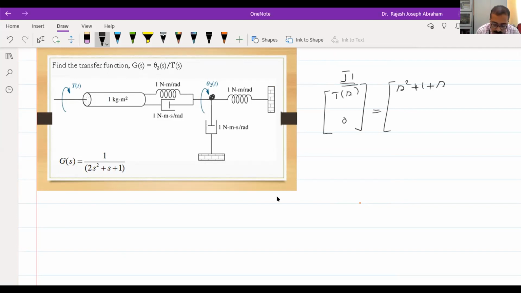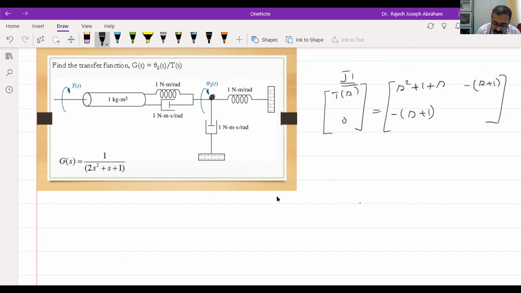Now, what will be the negative of the elements common to 1 and 2? Which are the elements common to 1 and 2? 1 plus s, so s plus 1. Then it will be the same as the 2 1 position. What will be 2 2? It will be s plus 1.